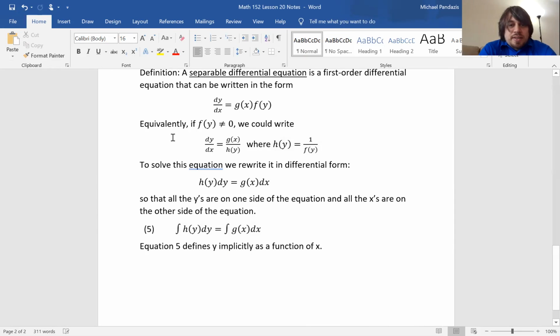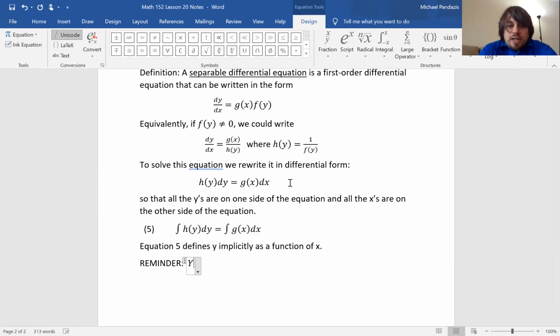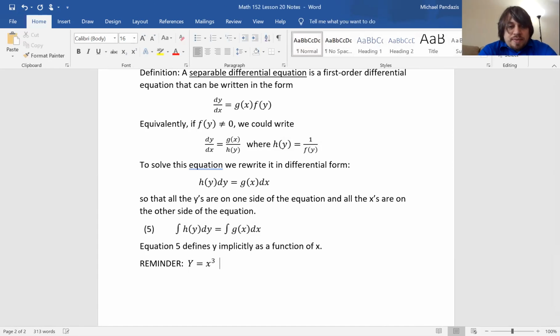Reminder: y equals x cubed would be solving for y explicitly in terms of x.